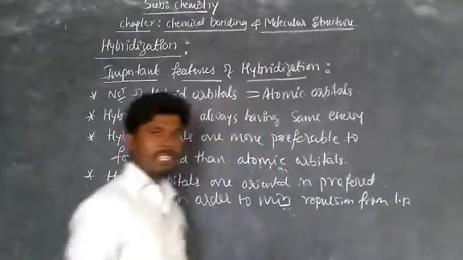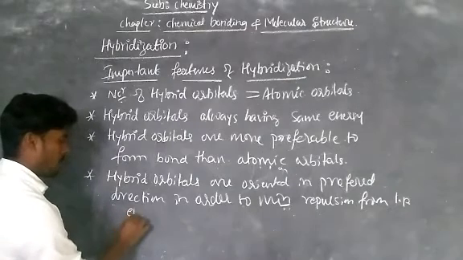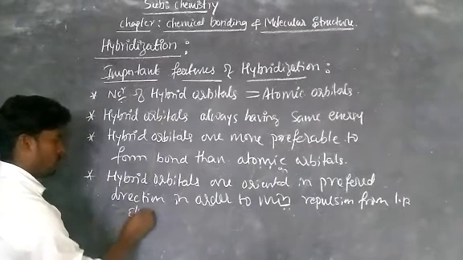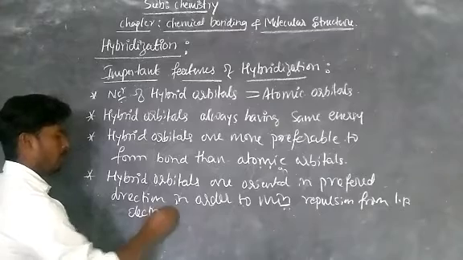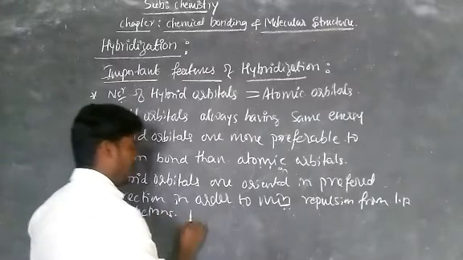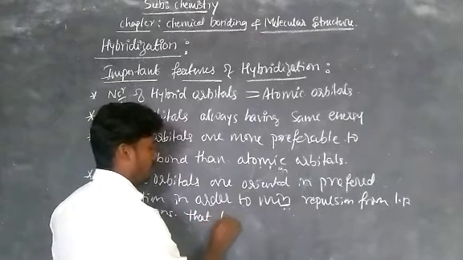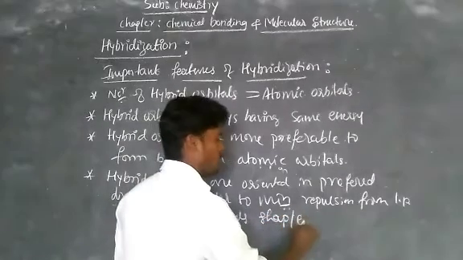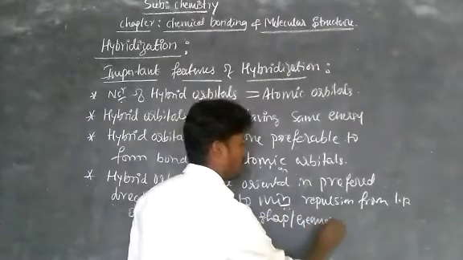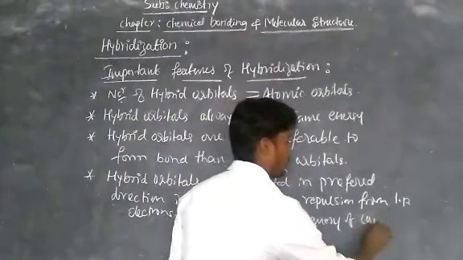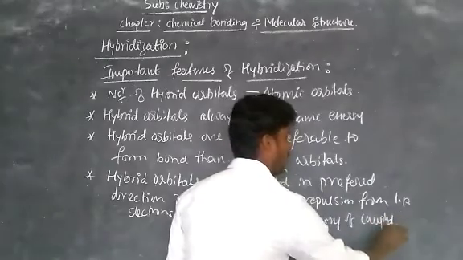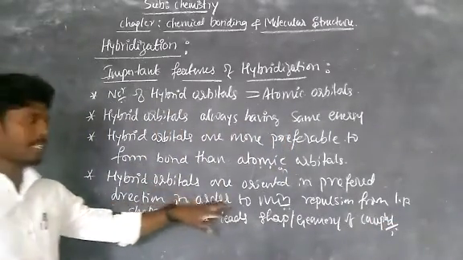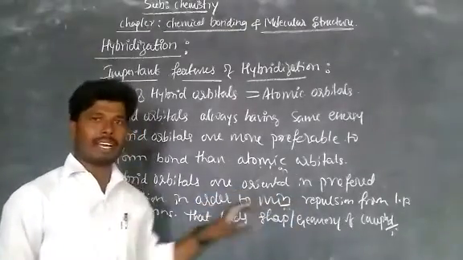LP means lone pair electrons. That decides the shape or geometry of the compound and molecule. So this is the fourth one. Observe, the hybrid orbitals are oriented in the preferred direction.